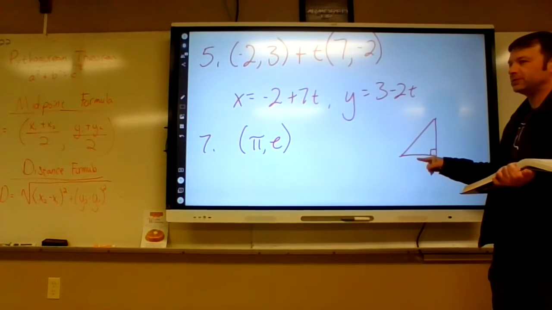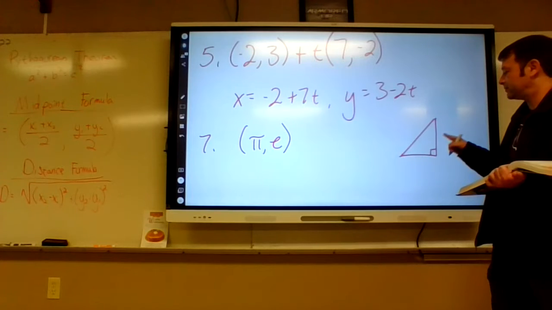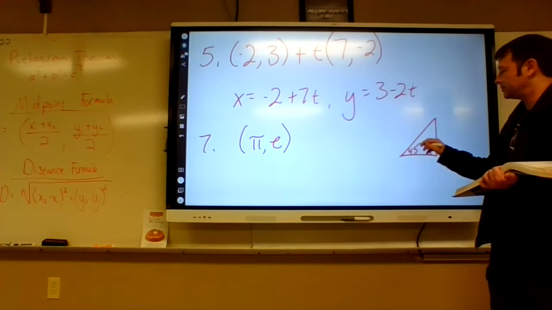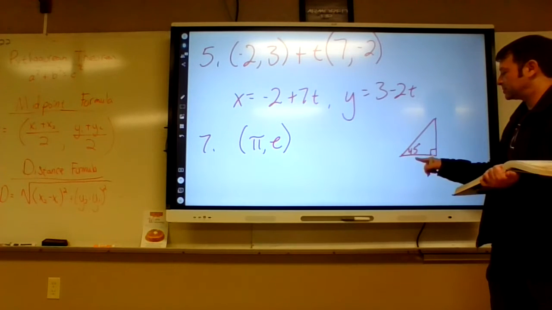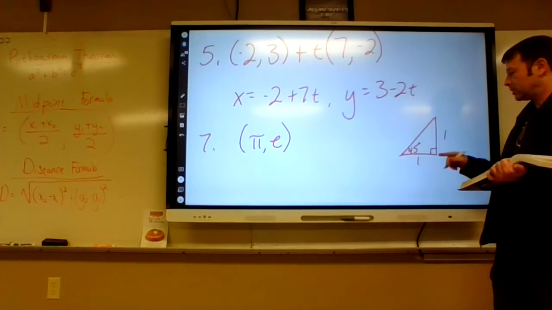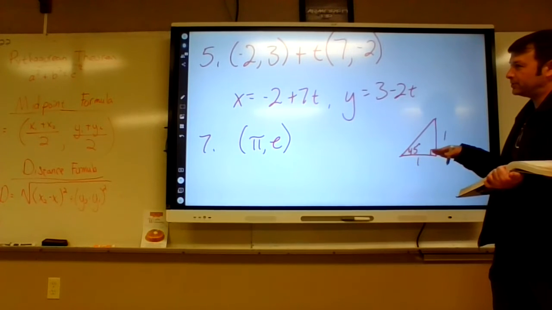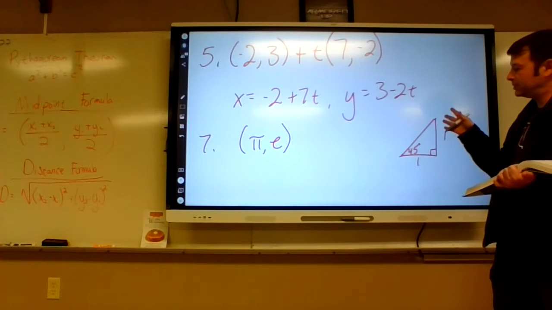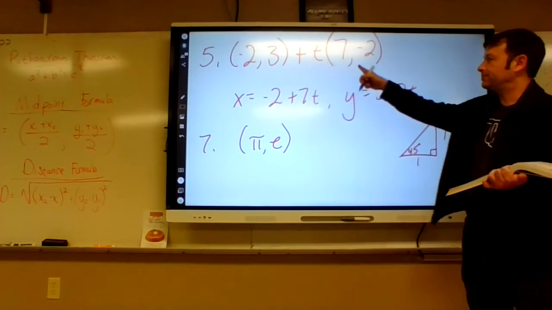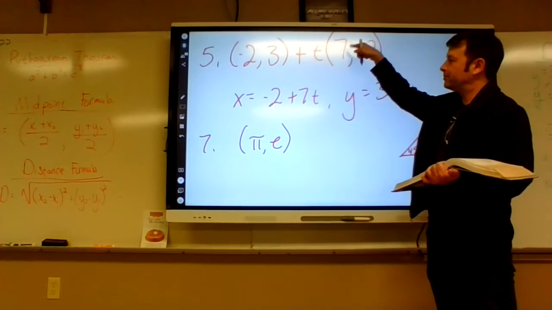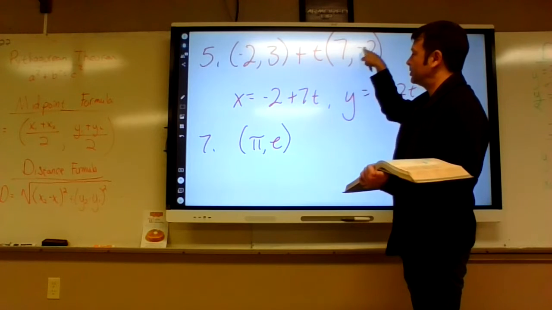What's the ratio here if it's a 45-degree angle? 45-45-90. Well, we just need the x and the y. So you're moving over 1 for every 1 you move up. So this part of your vector equation is just t(1, 1).